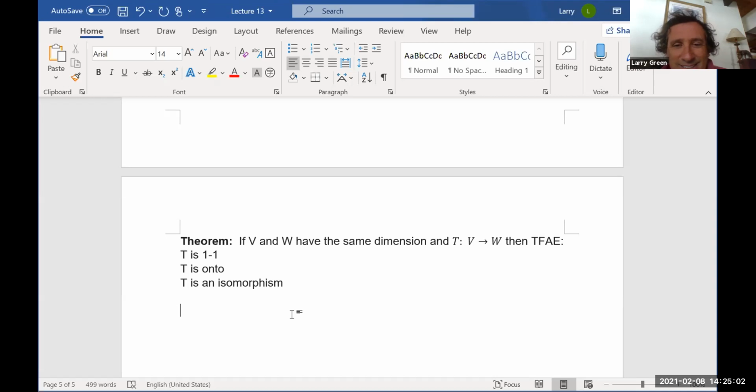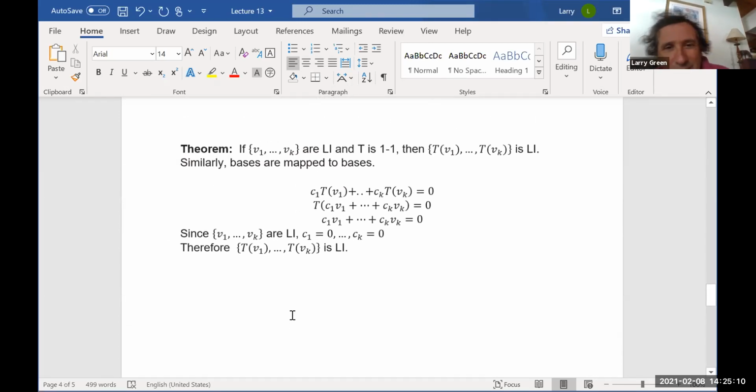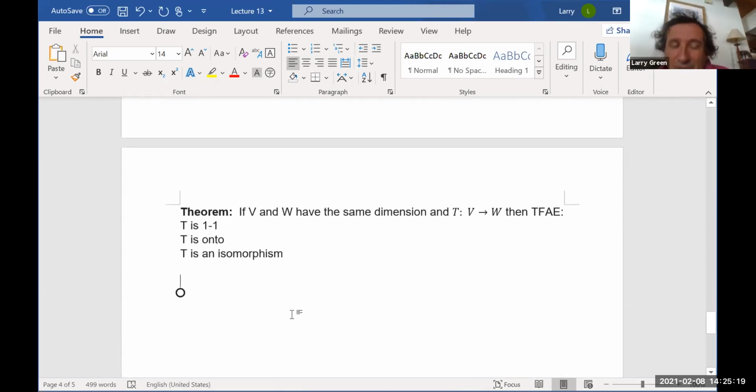Because when you do these proofs like above, if you show it's 1 to 1 and it has the same number of vectors, then it's onto and it's an isomorphism, and vice versa. Does that make sense? So it's kind of already been proven because we have the right number of vectors, and that's all you need. So if you have the right number of vectors, 1 to 1 and onto are the same things. And 1 to 1 and onto is an isomorphism because remember, T is a matrix. So we're talking about matrices here. Any questions on this big theorem?